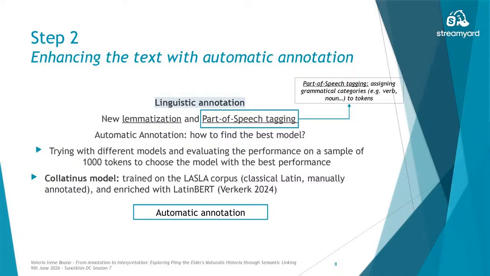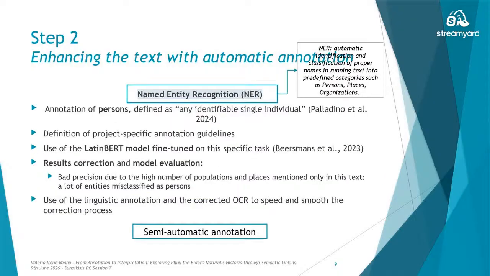And without going too much into detail, the Collatinus model performed very well because it was trained on the Laszlo corpus, which is a classical Latin corpus that had been manually annotated. So basically, the model learned from this corpus, and it was later enriched with a more sophisticated model, which is called Latin-BERT.